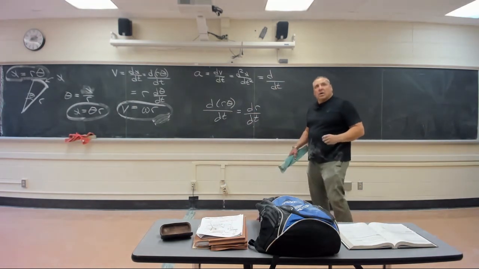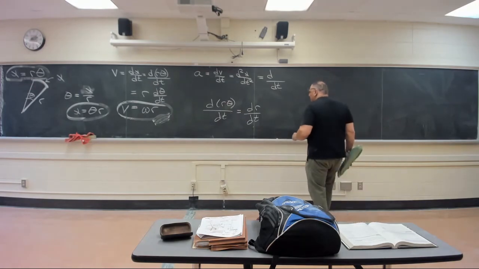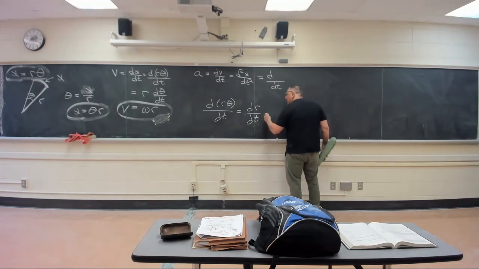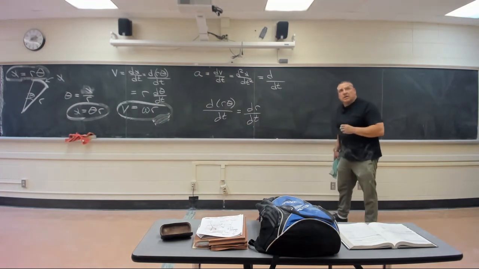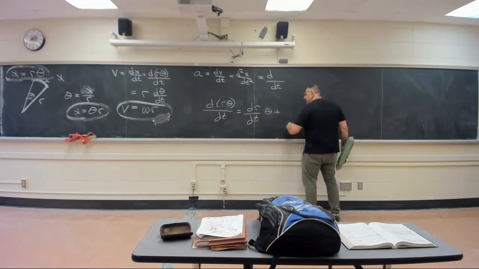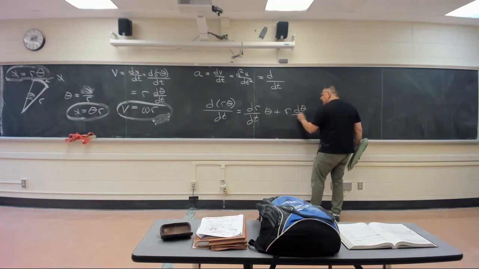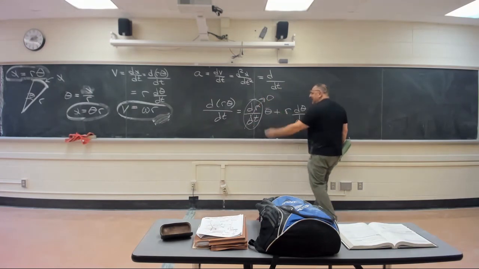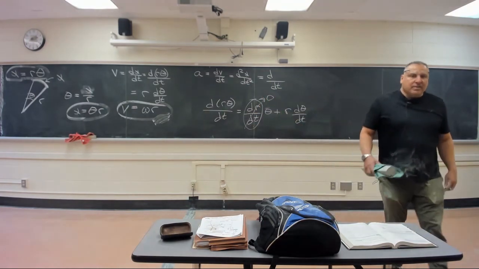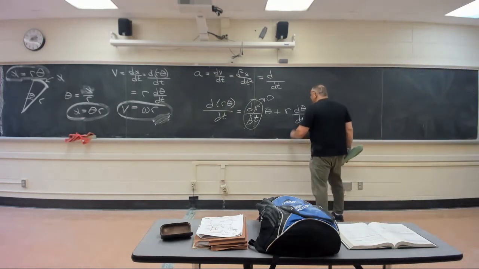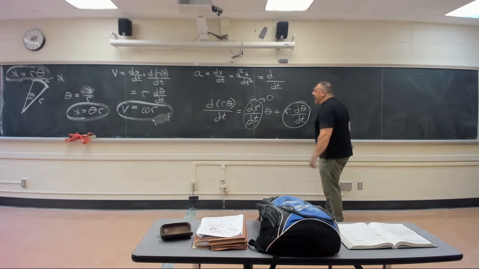So it'd be dr/dt times theta plus r d theta/dt. We said this thing ain't changing, so it came out to 0. That's not necessarily true, however. It does if it's a constant function, but if it's not, you can't say that.